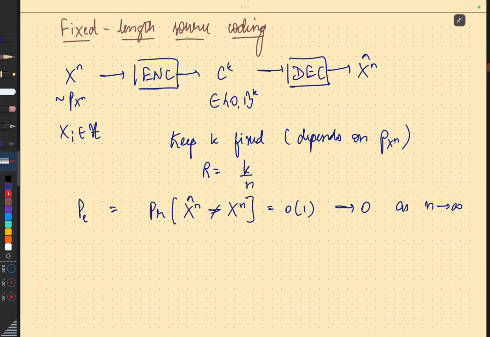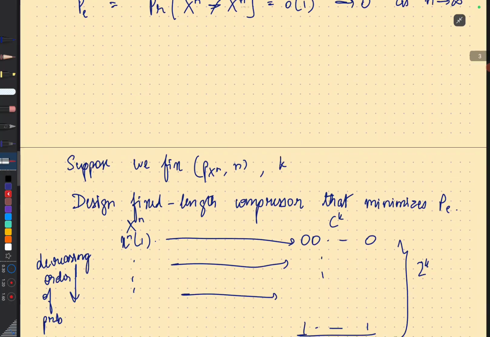So the probability of error would then be just the probability that it is not in one of the top 2 to the k sequences, and if k is large enough, then the probability of error will be sufficiently small. But so far we've not seen a proof of what is the smallest k or what is the smallest r, which ensures that the probability of error vanishes as n tends to infinity. And we'll see that later in this particular class.